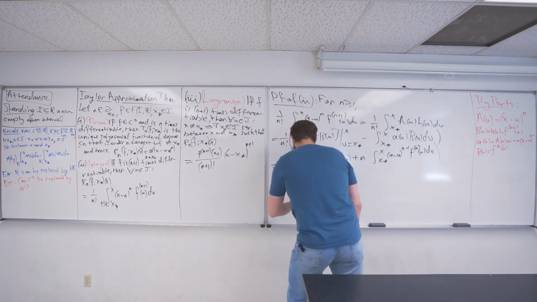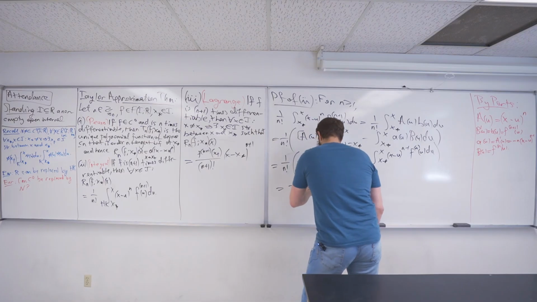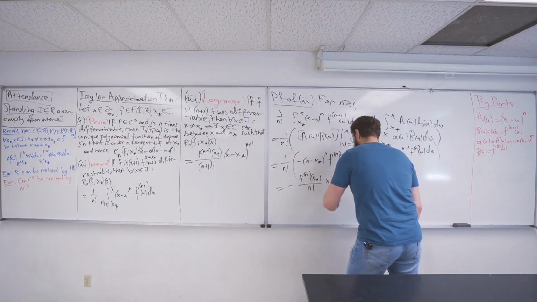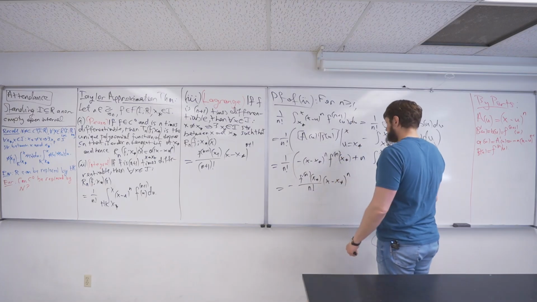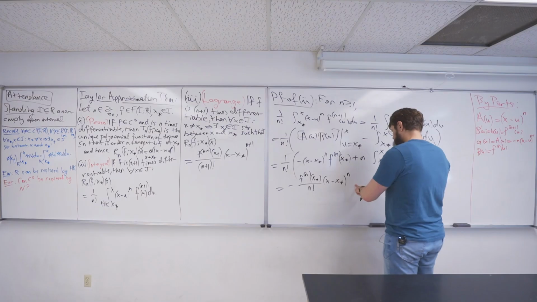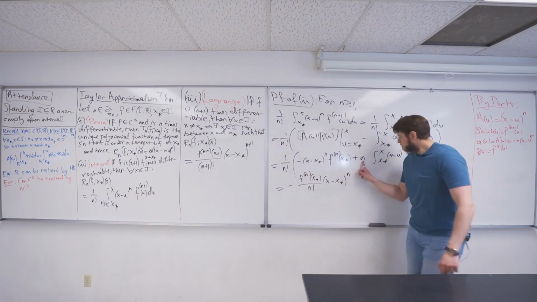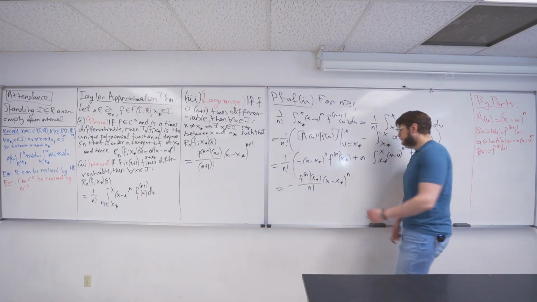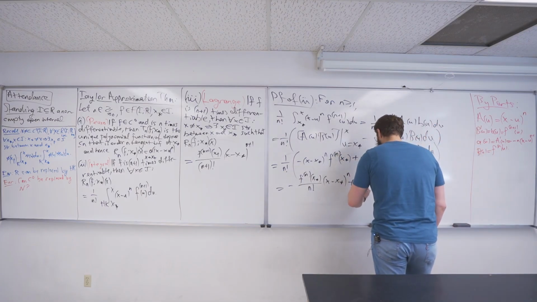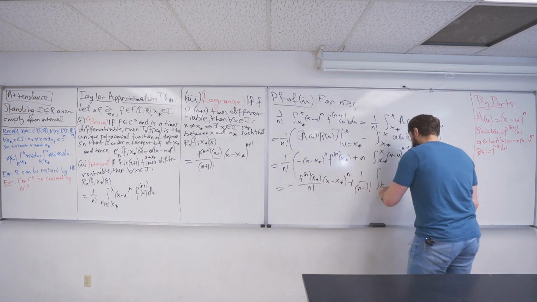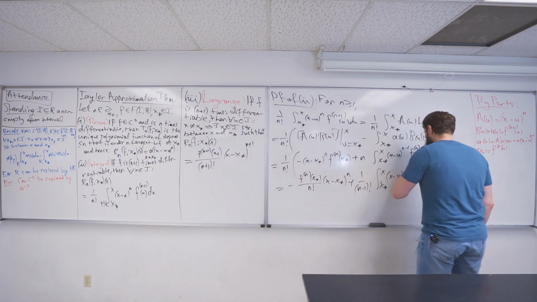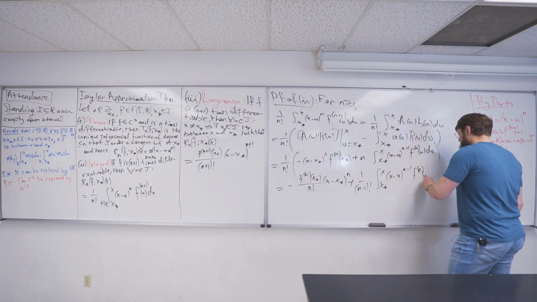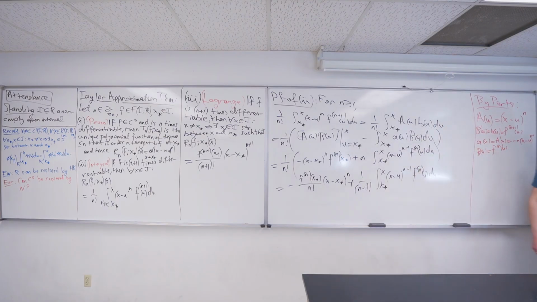Distributing, I have this. Exactly, very nice. So I have here 1 over n, and I have in the denominator n factorial, which means I'm going to have here plus 1 over n minus 1 factorial, and then this integral. This is the type of calculus I like doing.